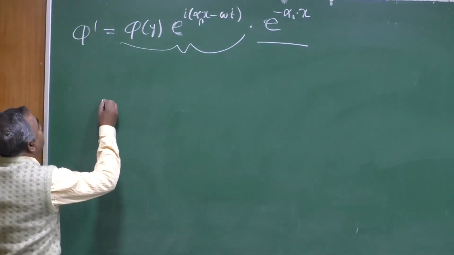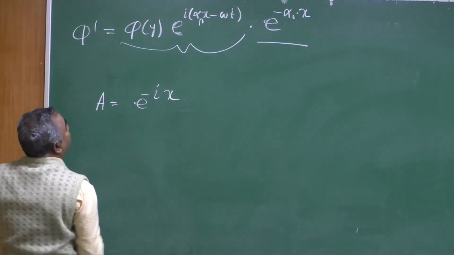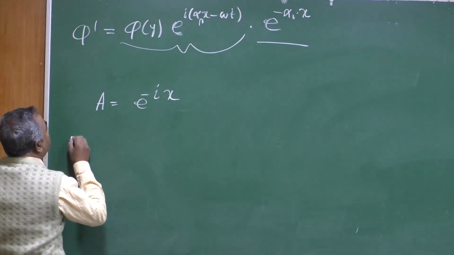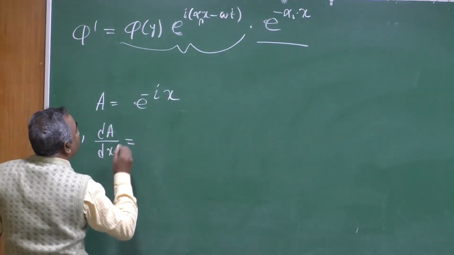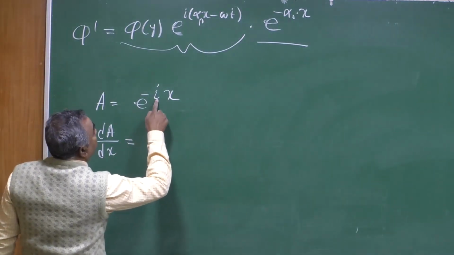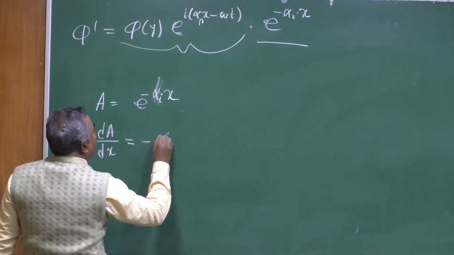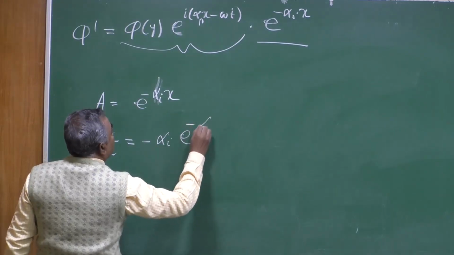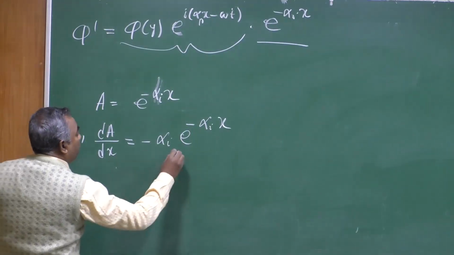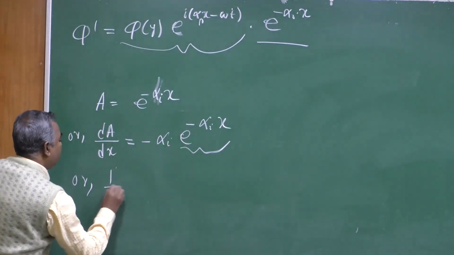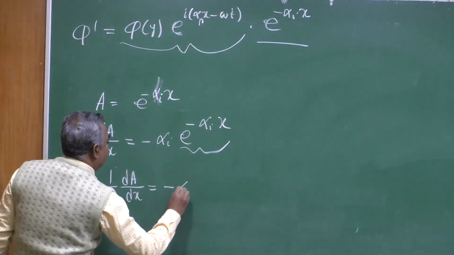That means, if this is the amplitude, let us define A is equal to exponential minus alpha i x, then you see what we can write: dA/dx is equal to minus alpha i exponential minus alpha i x, or we can write this as, what is this quantity then? Our A only, right. So, 1 by A dA/dx is equal to minus alpha i.